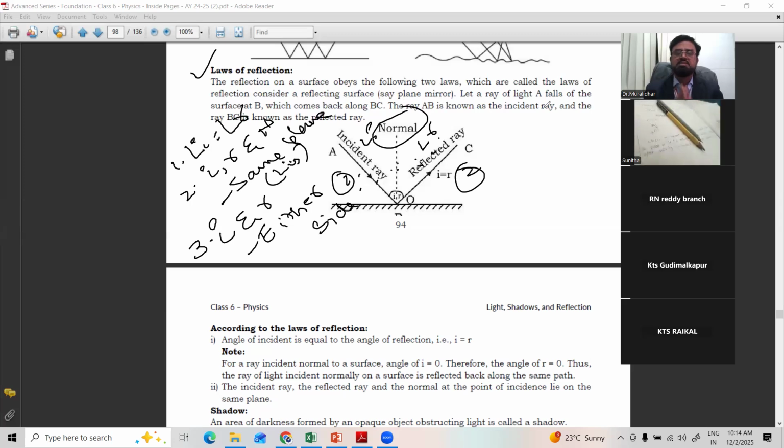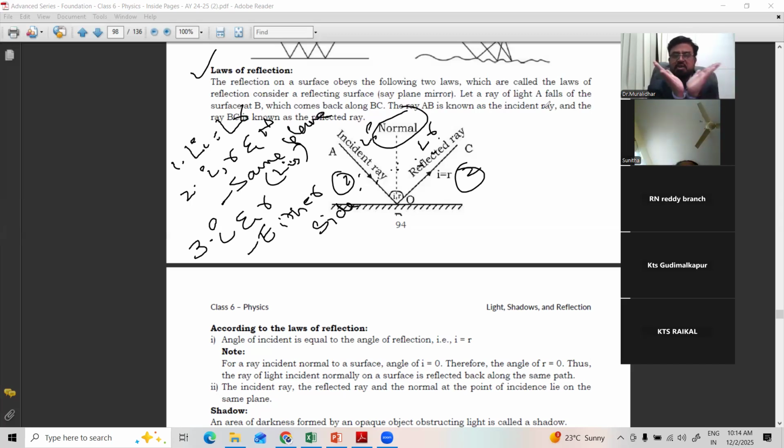Clear? These three together are called the laws of reflection. The angle of incidence is always equal to the angle of reflection, and the incident ray, reflected ray, and normal always lie on the same plane.